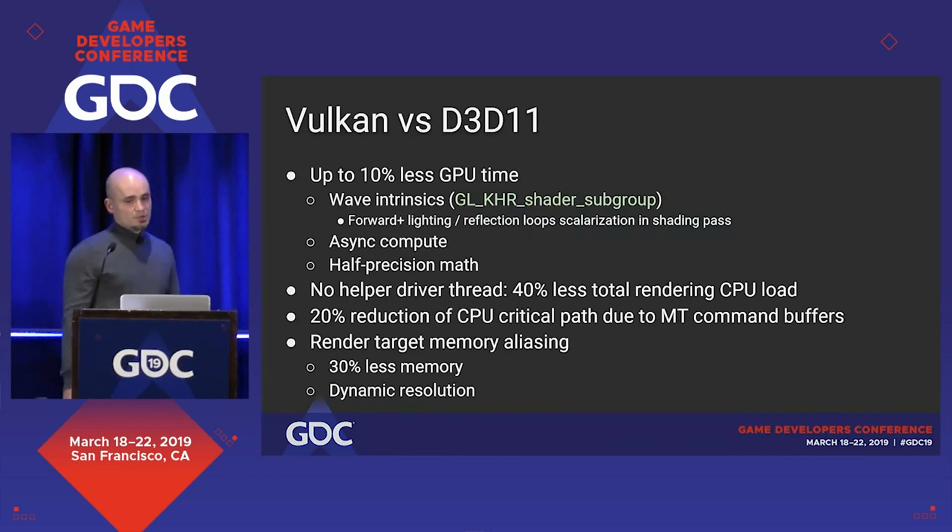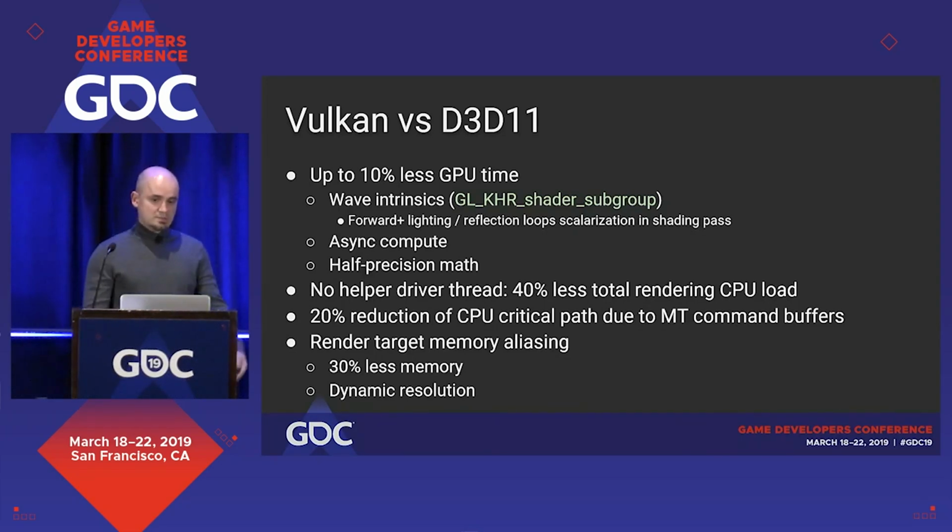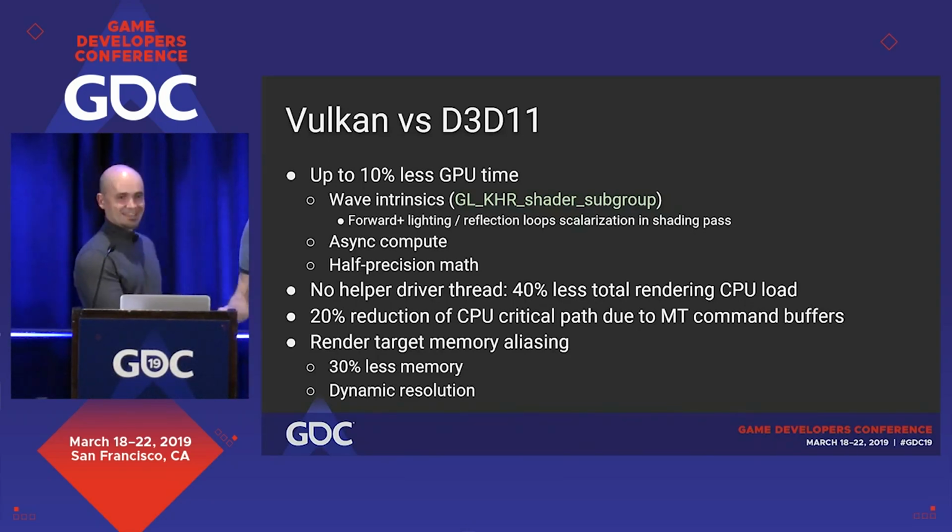And resource memory aliasing not only saves a sizable amount of memory, but also opens the road to a simplified console-style dynamic resolution scheme for PCs. So that's basically all I have to say. And now I will step down and give the word to Anton, who will talk about, I suppose, less boring stuff. Thank you.